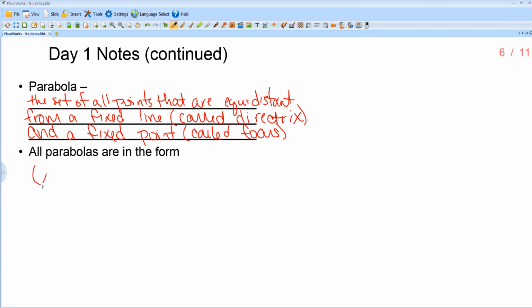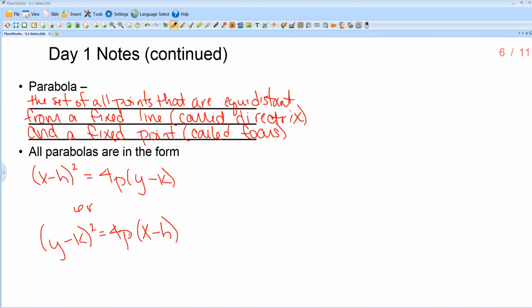They're either in the form of (x minus h) squared equals 4p times (y minus k), or they're in the form of (y minus k) squared equals 4p times (x minus h). Notice all that happened here is that those binomials switched places. Those binomials switching places is going to tell us what type of parabola we have.